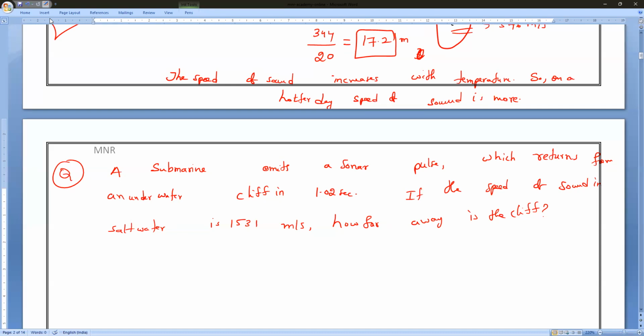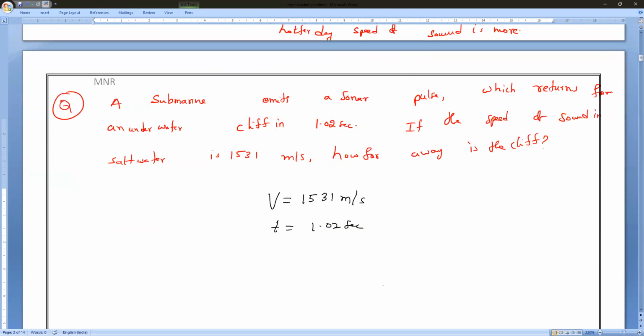Sir, 780.81. Okay. So what will happen? Speed of sound they have given: speed of sound is equal to 1531 meter per second, and the time interval they have given is 1.02 seconds. We all know that formula: wave speed is equal to 2s by t. So s is equal to v into t divided by 2.